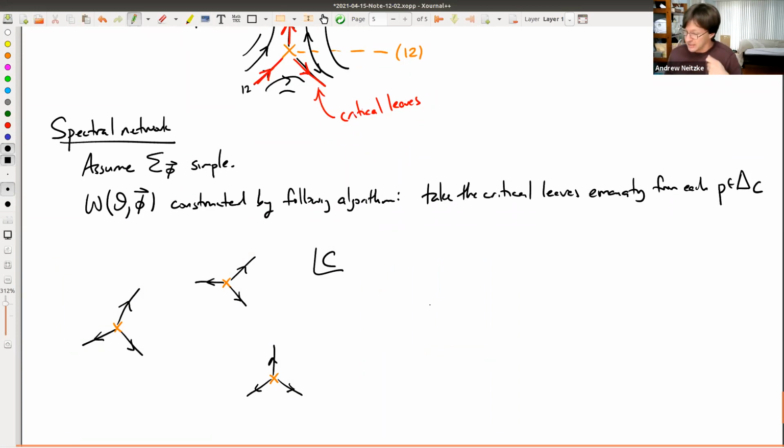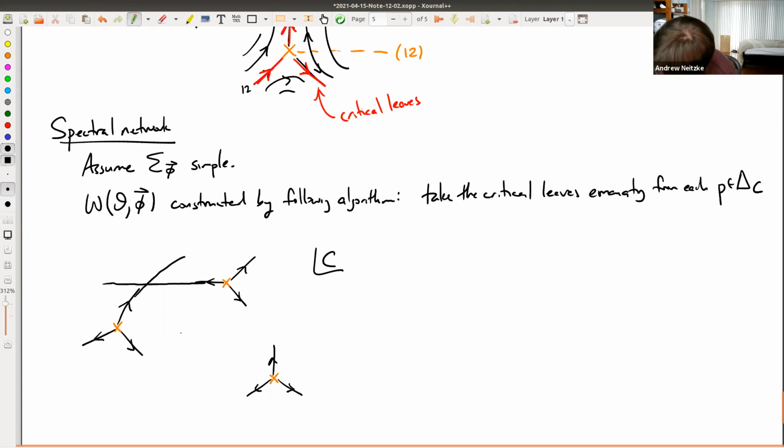But in the general situation, n greater than 2, there's a phenomenon which did not occur in the story of a quadratic differential. Namely, these leaves, their projections down to the base, could intersect. In the n equals 2 case, that couldn't happen because the projections were leaves of a globally defined foliation.